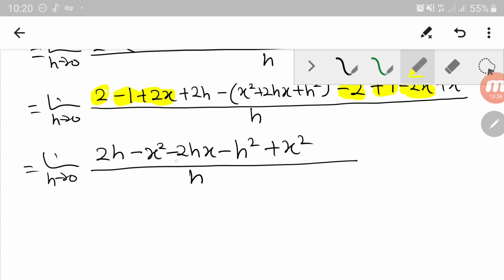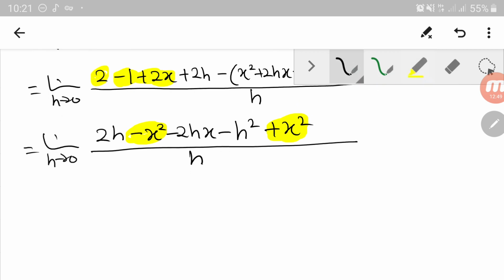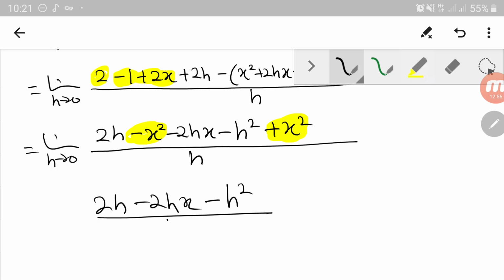And then we can get rid of some things: minus x squared plus x squared becomes 0. That leaves us with 2h minus 2hx minus h squared over h, limit h approaching 0.